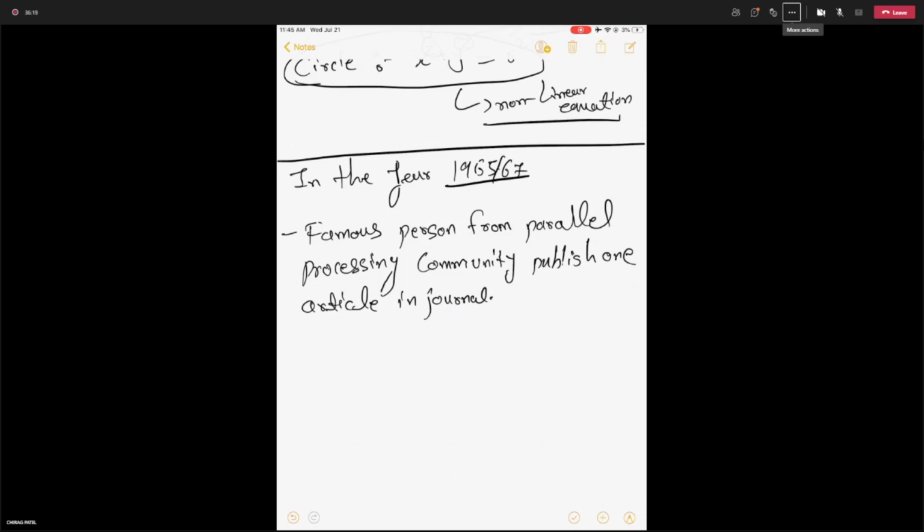What is the problem in the perceptron? He wrote about it there, and we need to understand why people evolved from the perceptron to deep networks. So this is the basic thing you need to understand.